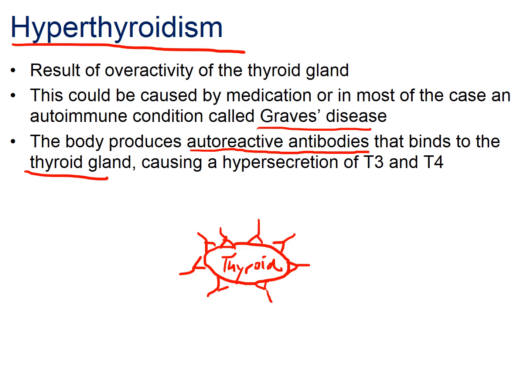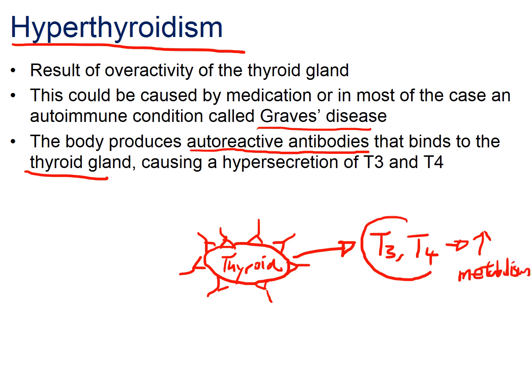These antibodies get stuck to the thyroid gland, and it will basically turn it on all the time. Under the stimulation of the antibodies, the thyroid gland will release a lot of T3 and T4, so these T3, T4 will cause your metabolism to increase.